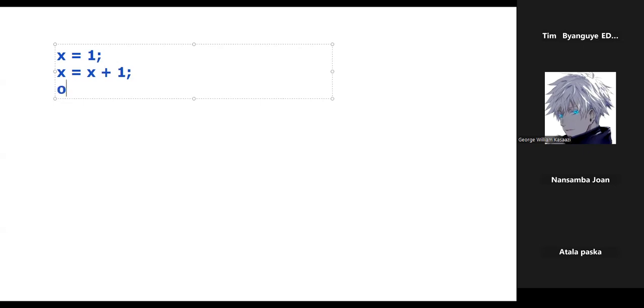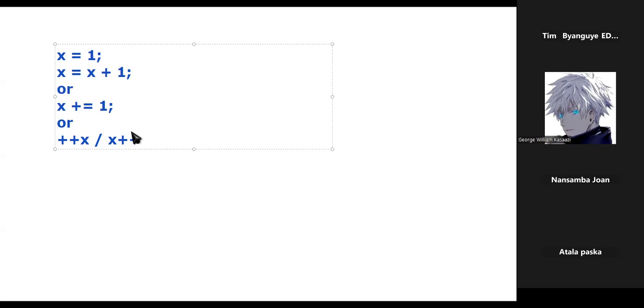But alternatively, I can write x plus equals 1, and that would also be okay. The other one, if it is just adding 1, would actually be x plus plus, or better still, plus plus x. Any of these really works. But you go and find out when they would produce a different output. Both of them will add 1 to the value.